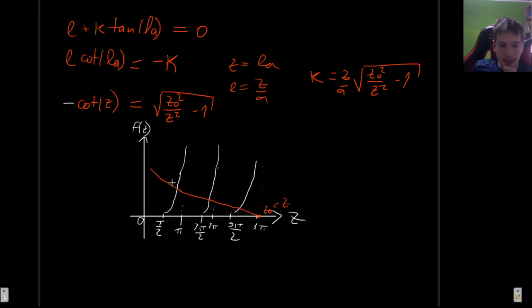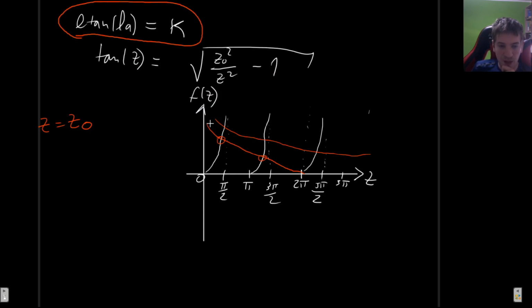Now there is a big difference here between this and what we saw in the previous case, because in the previous case, there was always going to be some intersection between this tangent function and this square root, because there is this tangent that began at 0. So there was no way that this was going to fall off before touching it, but that's not the case here.